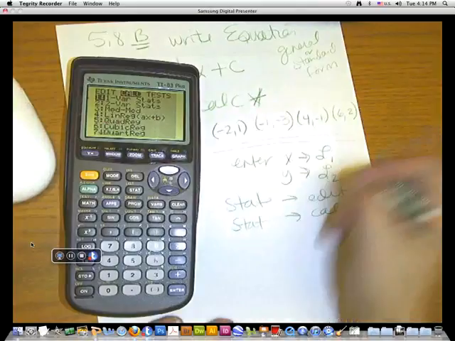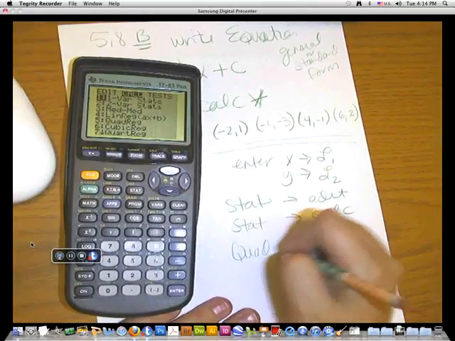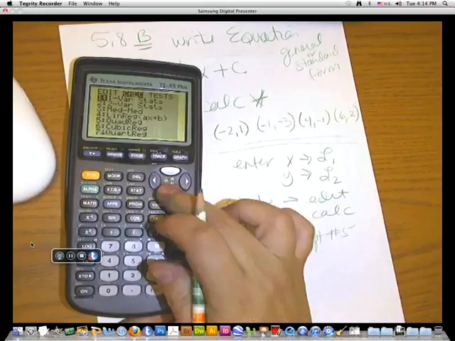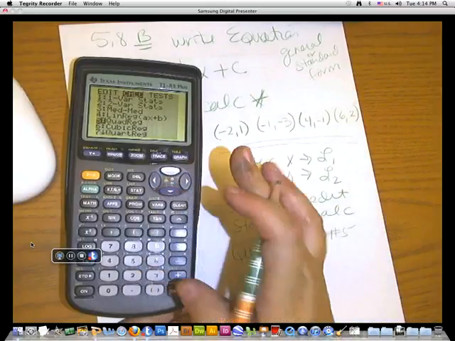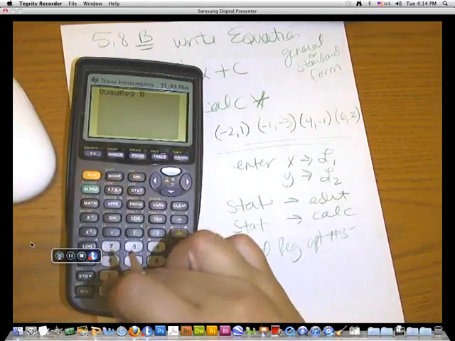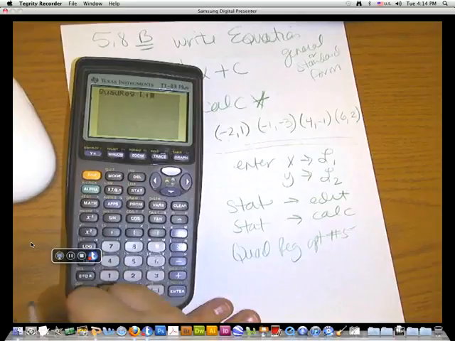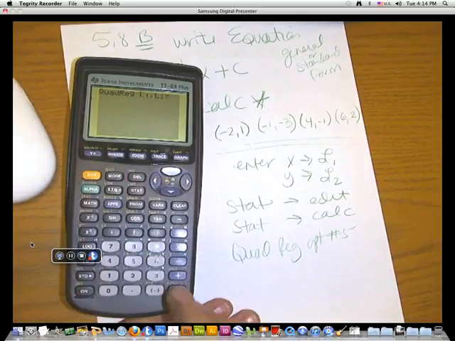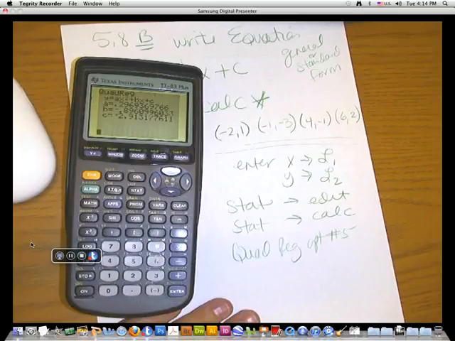So quadratic regression, which on my calculator is option number 5. If you have the newer calculator, it already says L1, L2, just enter all the way through. If you don't, you need to hit L1, shift 1, comma, L2, so shift 2, hit enter.